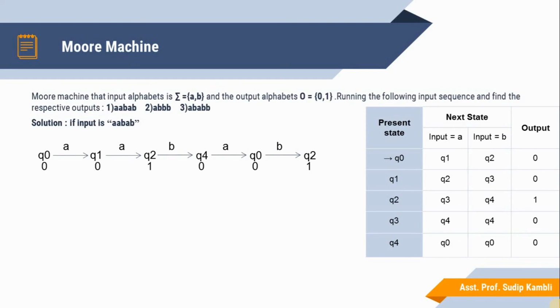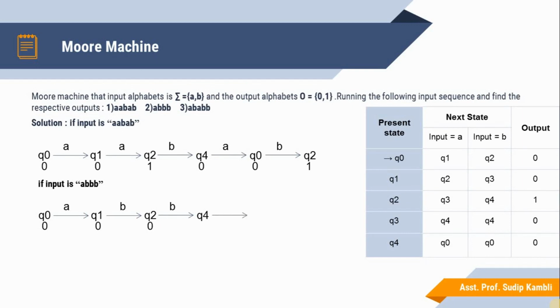Consider the next example, where the input string is A, B, B, B. The start state is Q0. All examples start with Q0, the initial state. Q0 scans A, the first alphabet of the string, to go to state Q1, and the output will be 0. Then Q1 scans B to go to state Q2, and the output will be 0. Then Q2 scans B to go to state Q4, and the output will be 0.